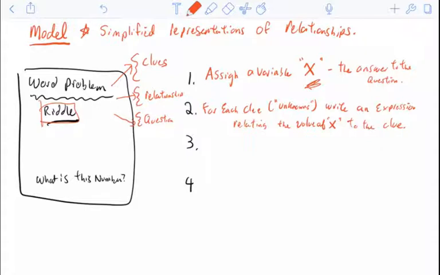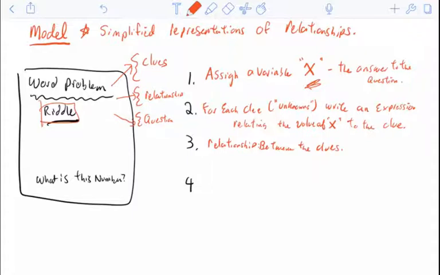And then there's always a key relationship. Sometimes it's given, sometimes it's implied using a word, but it's a relationship between the unknowns. It's a relationship between the clues.